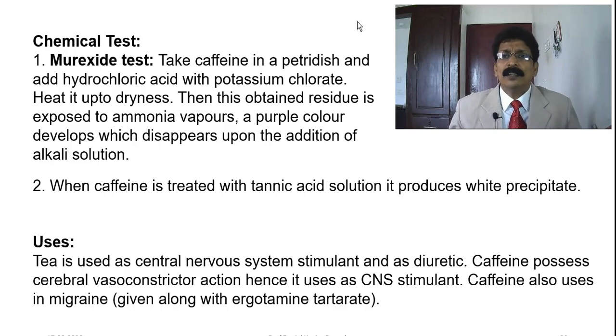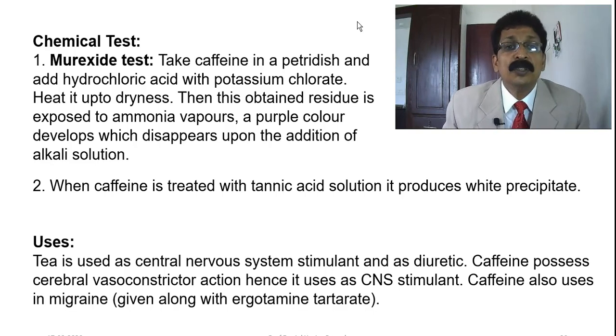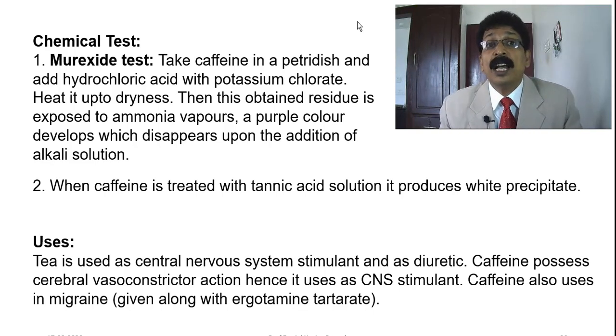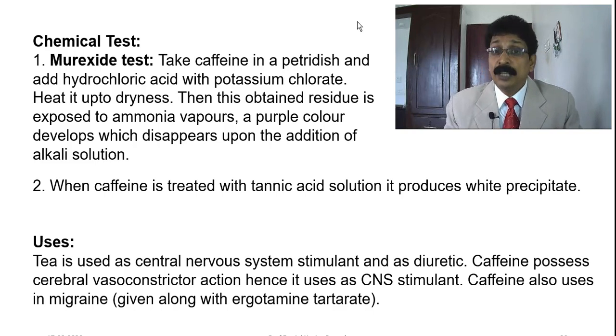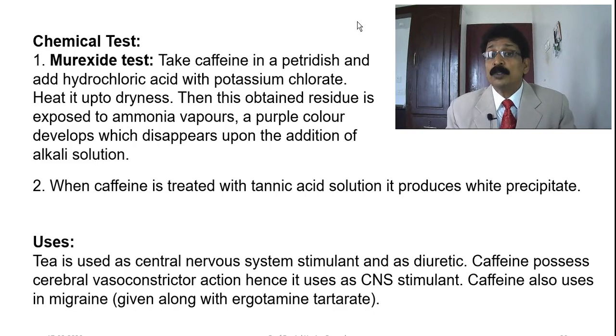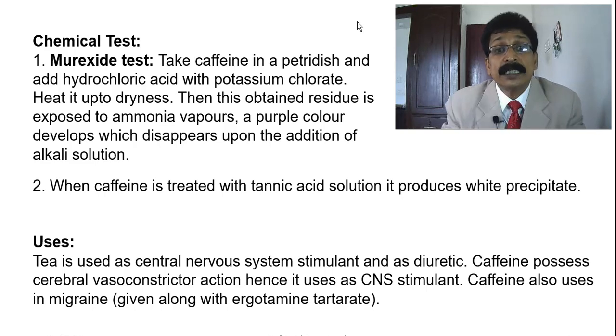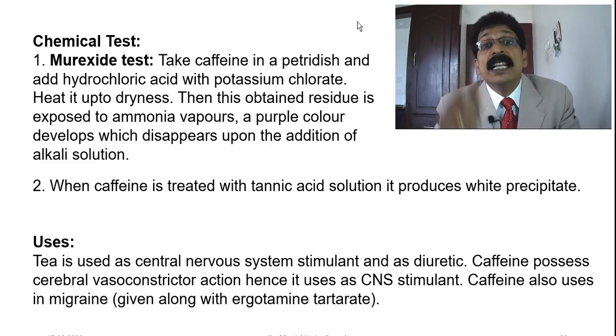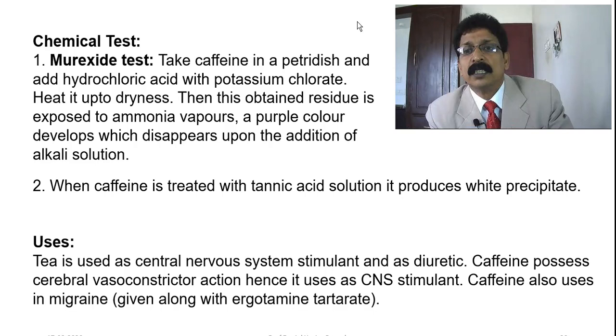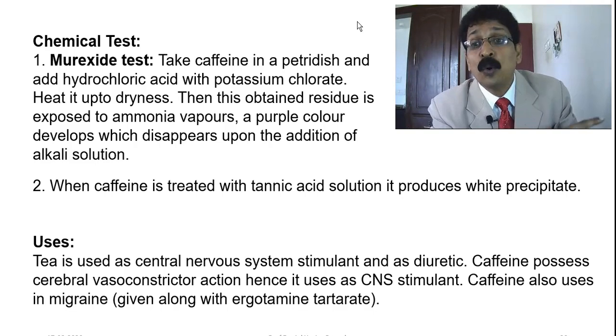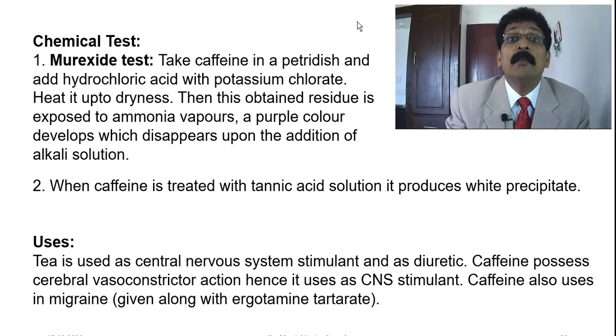Uses, everybody knows: tea is used as a central nervous system stimulant and as a diuretic. It increases urine output. Caffeine possesses cerebral vasoconstrictor action. Hence its use as a CNS stimulant. Caffeine is also used in migraine.